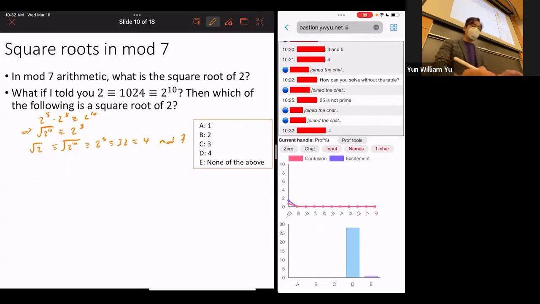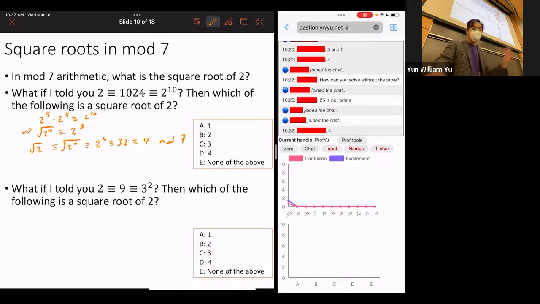But you have to be a little bit careful about this because sometimes the answer is not unique. So what if I told you, for example, that 2 is congruent to 9, which is congruent to 3 squared? Then which of the following is the square root of 2? Try not to overthink this.